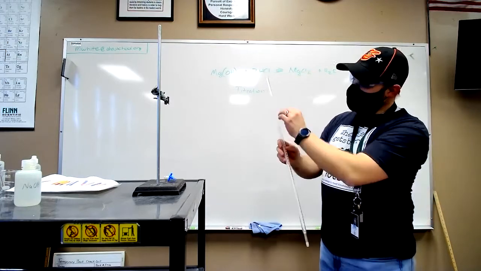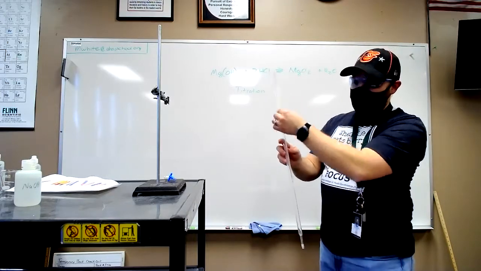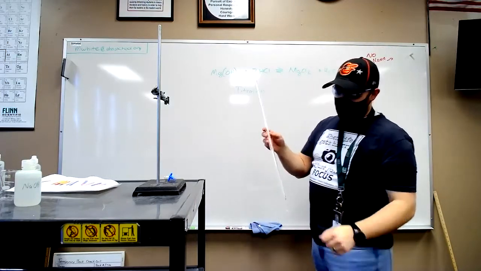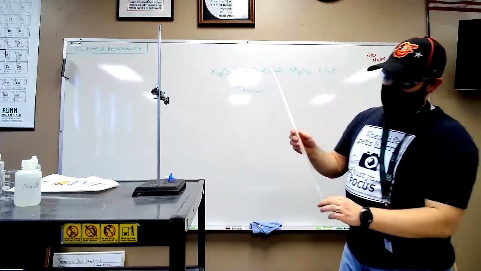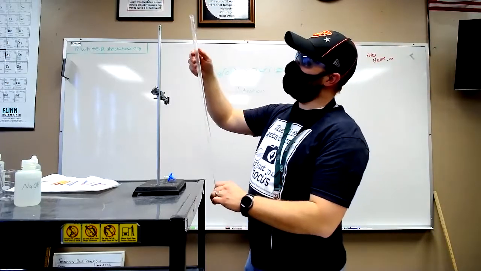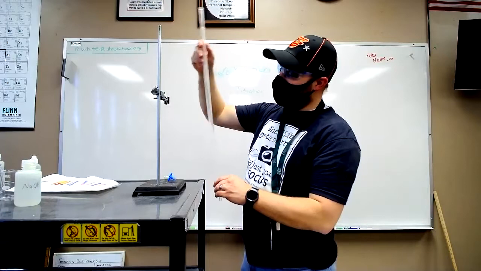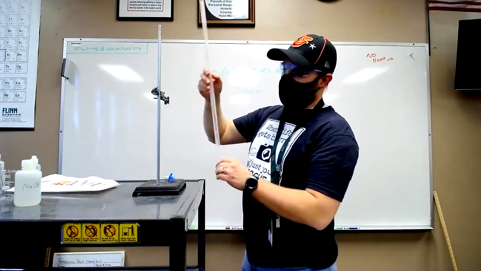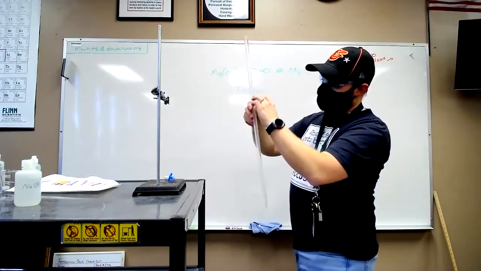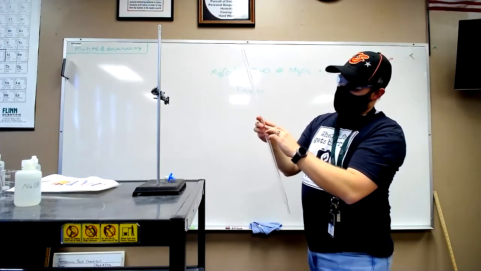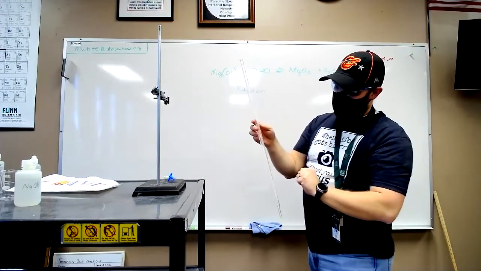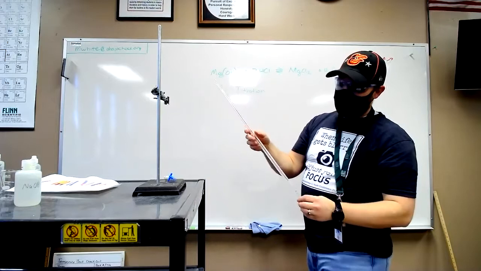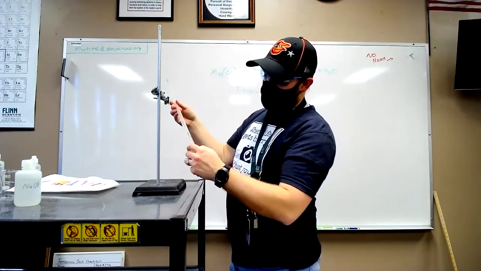So that's what these are for. They can tell you exactly how much of something you added. So we write down where we started, and we write down where the level of our sodium hydroxide is at the end point, and then we can use that to calculate the data.